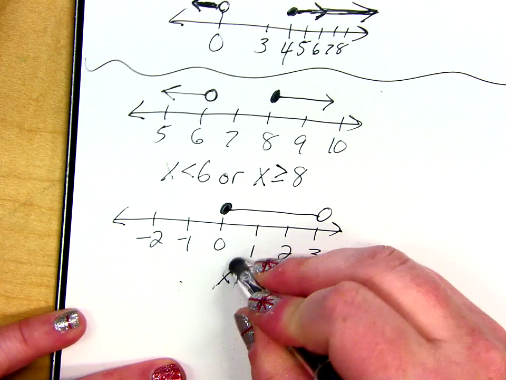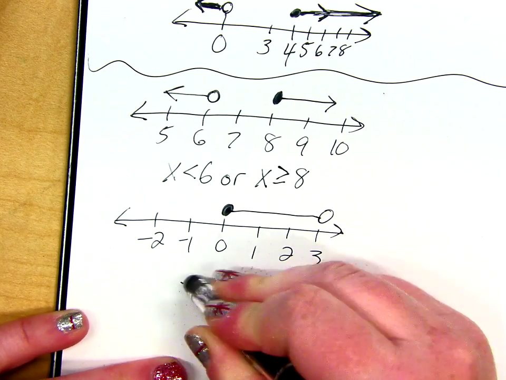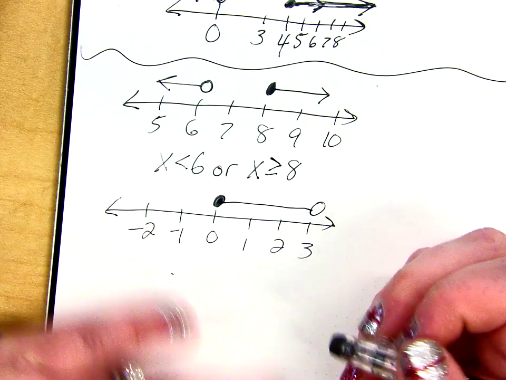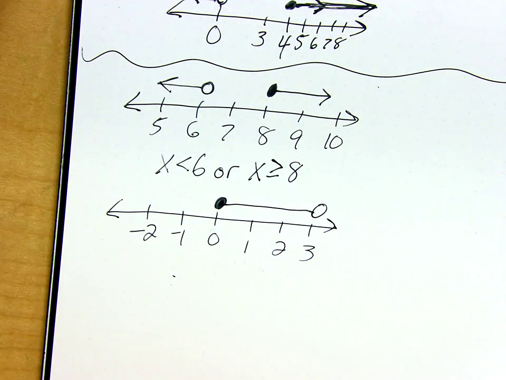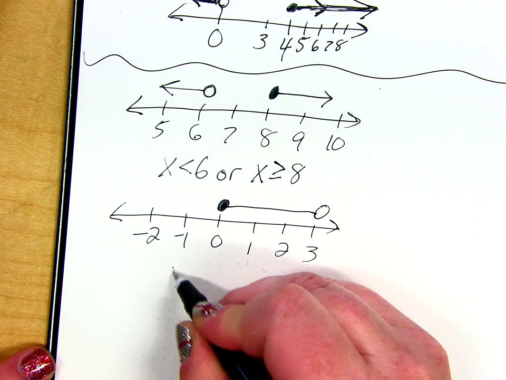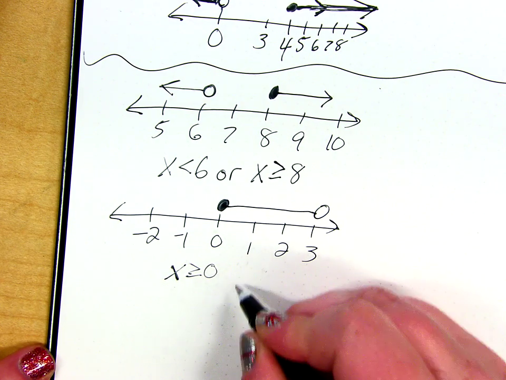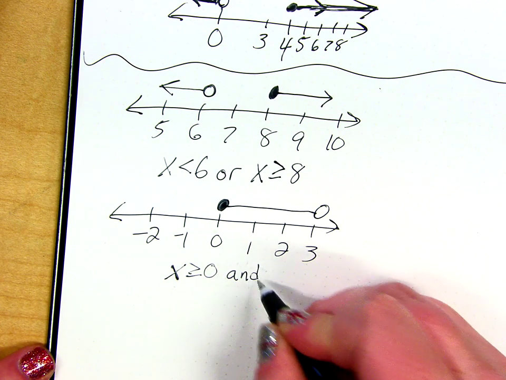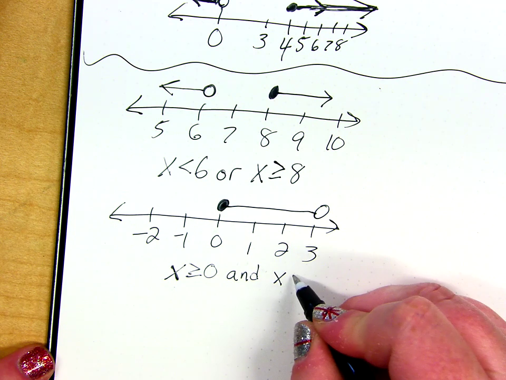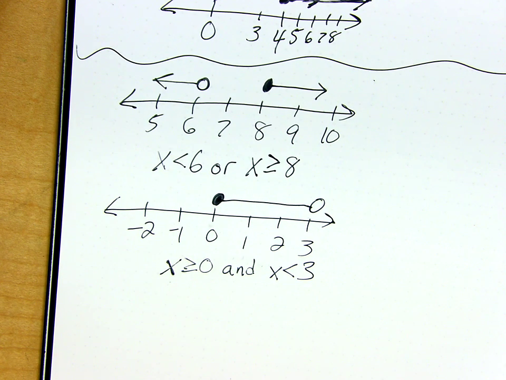It's greater than or equal to 0. Okay. Well, is this an or an and? It's an and. So what'd you say again? X is greater than or equal to 0, and x is less than... I will agree with that.